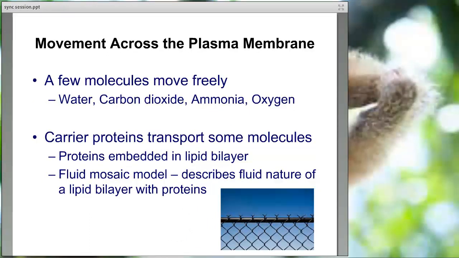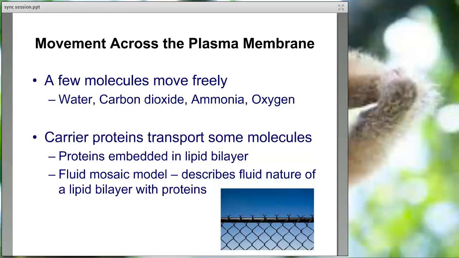So how things move across the plasma membrane, like I said, we'll get more into next unit, but some things are able to move freely. They can just go in and out, and those include water, carbon dioxide, ammonia, and oxygen. And then other things are not able just to move freely through it. They need help. So I like to think of it like a chain link fence. If you have something small, like a marble, you could just throw it straight through the chain link fence.